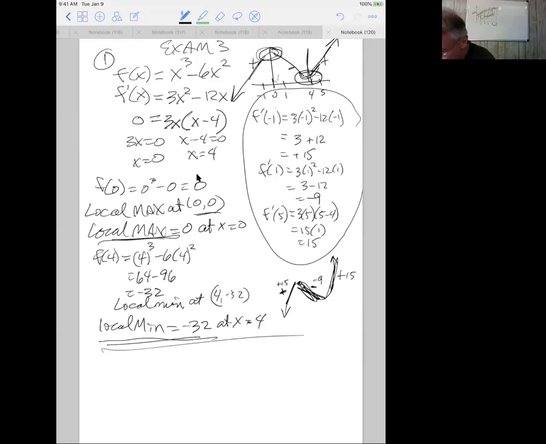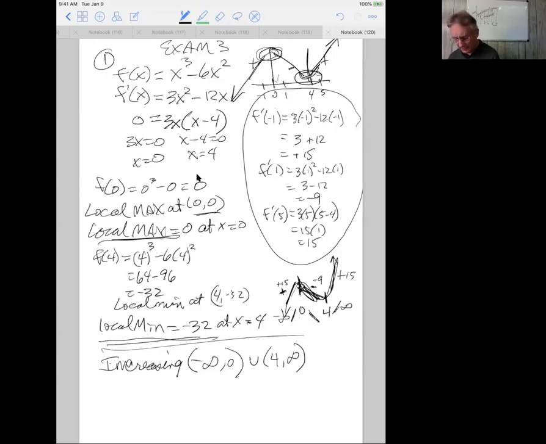Okay, so the answers for increasing: this is going up from negative infinity to 0, and this is going from 4 to infinity. We've got in between coming down. This is up, this is up. So we've got increasing from negative infinity to 0, open on both ends because you don't count the endpoint, union 4 to infinity, again open intervals.